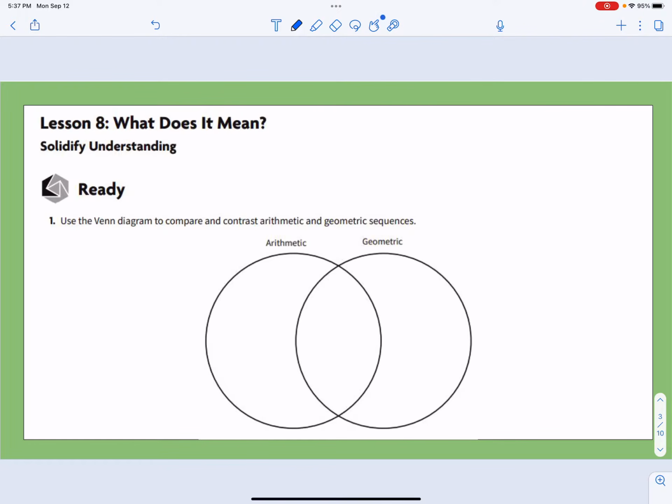All right, so first of all, it says use the Venn diagram to compare and contrast arithmetic and geometric sequences, words that I can't spell very well. For the arithmetic sequences, you're going to have common differences for these ones that are added or subtracted.